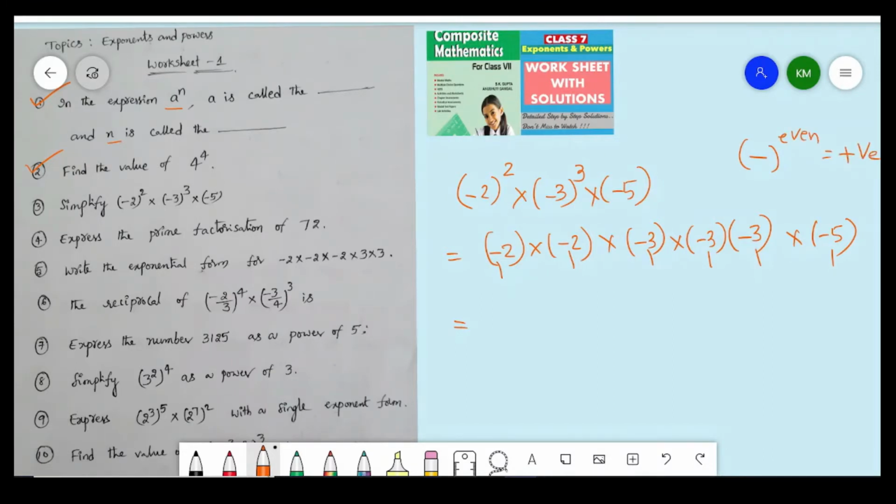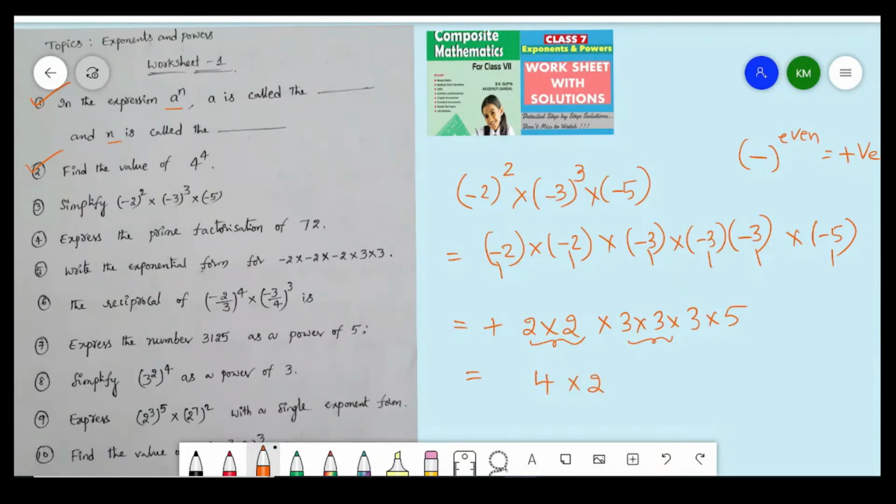So this entire result will be positive, and I simply have to multiply 2 two times, 3 three times, and 5 one time. That is 2 multiplied by 2 is 4, 3 multiplied by 3 is 9, 9 multiplied by 3 is 27.